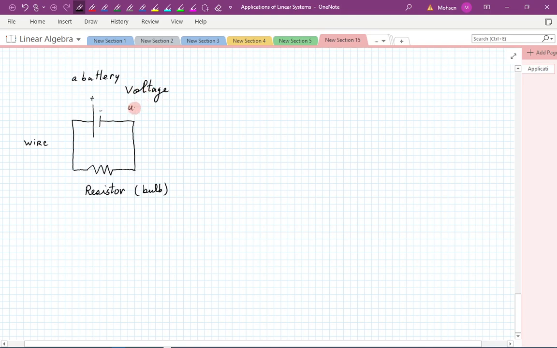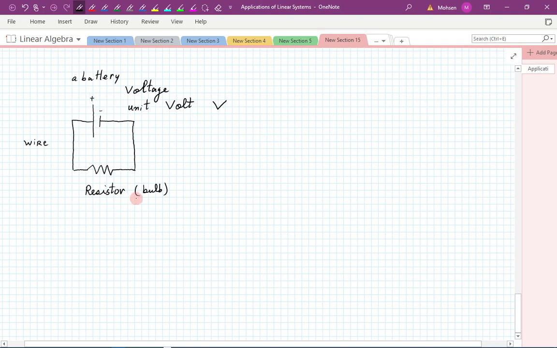Well, what is the unit by which we measure the voltage? Well, the unit is called the volt. Of course, you have 6-volt batteries, 12-volt batteries, and so on and so forth. And the notation for it, of course, is just the letter V. The scientist whose name is being used here is Volta. So we use the unit volt for that.